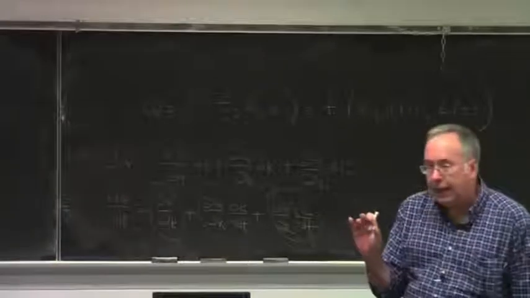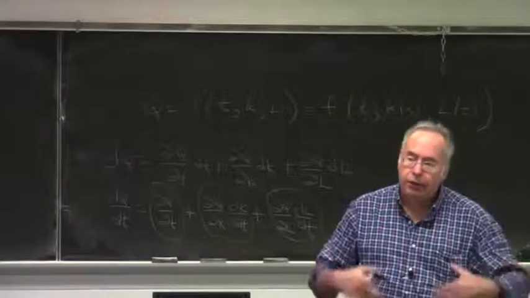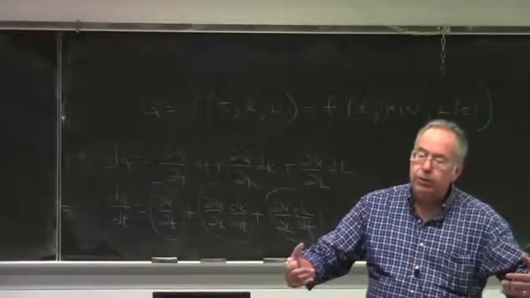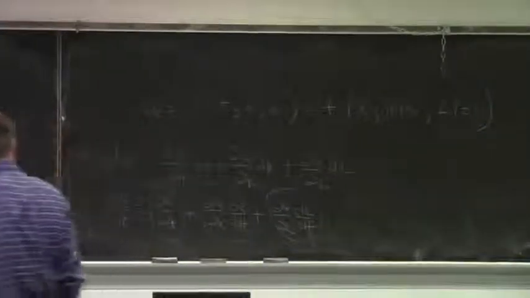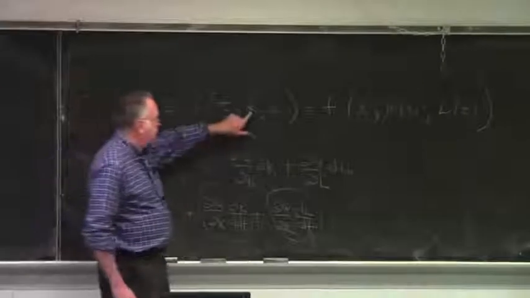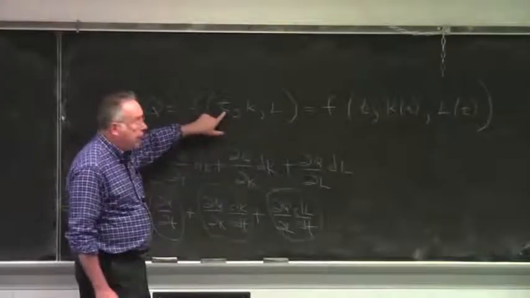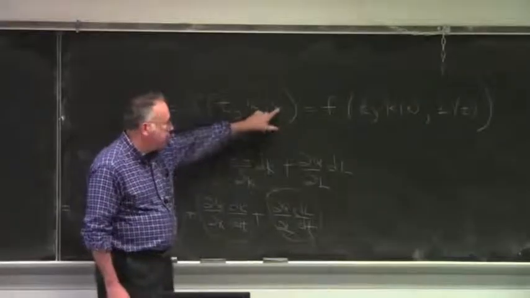And now time represented the state of technology. Over time, firms use better technology. And what that means is for any given values of K and L, you get more output just because of the technology improving. Over time, K increases and L increases.